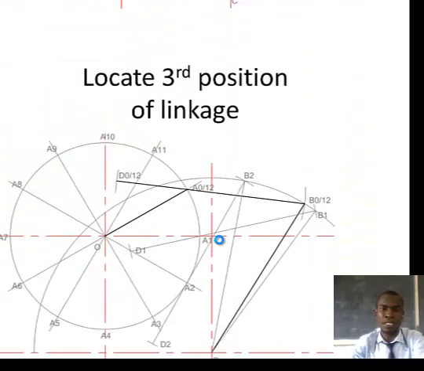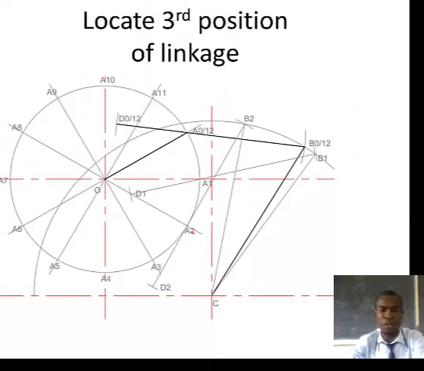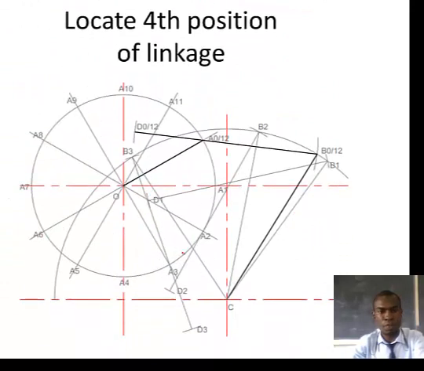For our third position, we go to position A2. Stand at A2, strike an arc of 50 millimeters on the arc of oscillation so that you locate position B2. To locate position D2, you stand at B2, strike an arc of 80 millimeters along this line so that you locate position D2. Then we go to the fourth position.